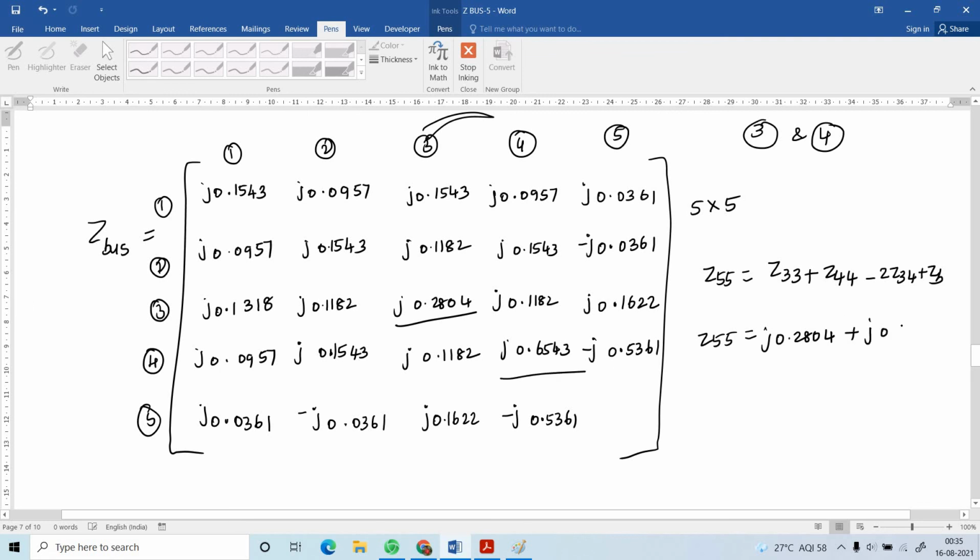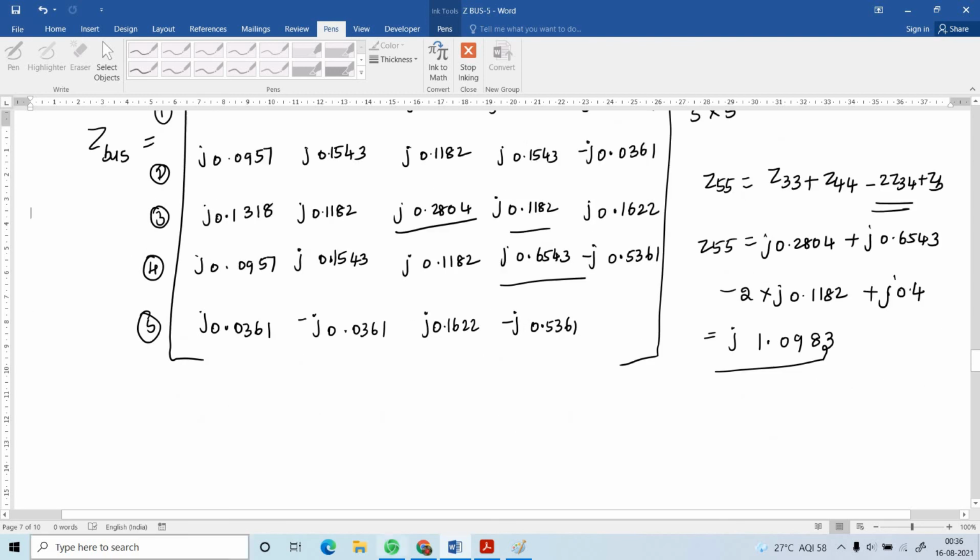Plus J0.6543. What is Z34? This is Z34, minus 2 into J0.1182 plus what is ZB? That is J0.4. So using the calculator, I am going to find out the values. J1.0983.